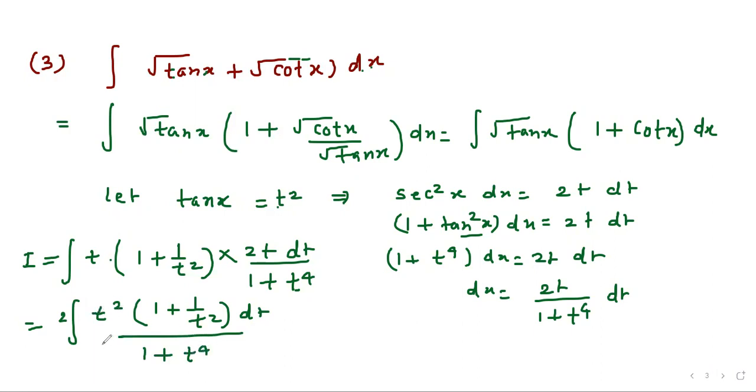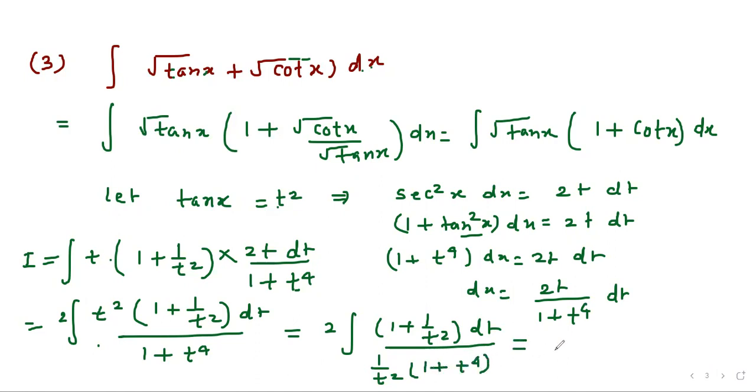Now this t square can be written as 1 upon t square in the denominator. So we can write it further as twice the integration of 1 plus 1 upon t square dt divided by, when we take 1 upon t square out and rearrange 1 plus t power 4, it becomes 1 plus 1 upon t square dt divided by, when this t square goes inside, 1 upon t square plus t square.